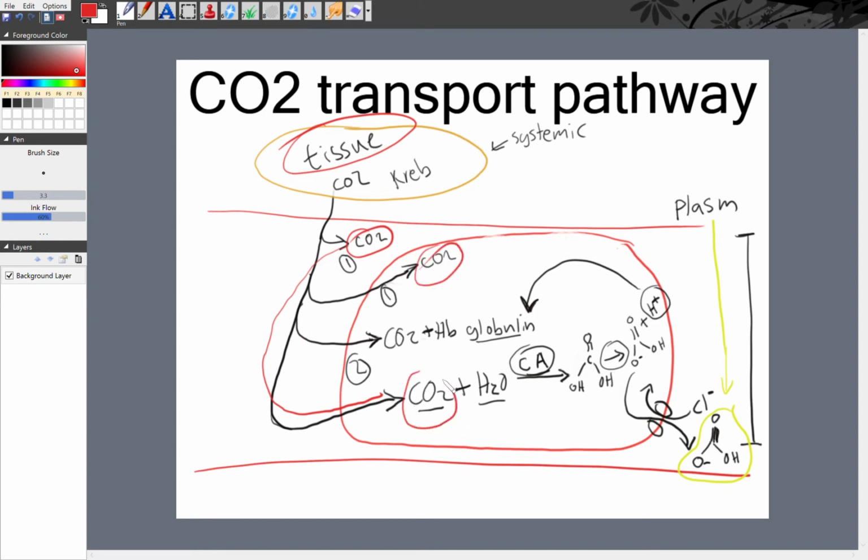Some of this passively diffused CO2 is going to react with water, and carbonic anhydrase is going to facilitate the production of carbonic acid, and that carbonic acid is going to be converted into bicarbonate, and bicarbonate is going to be exchanged for chloride.